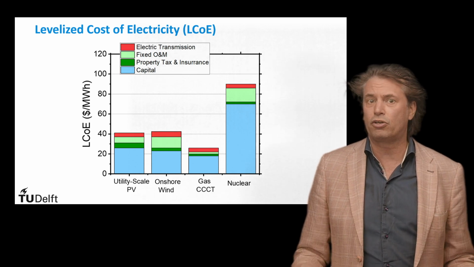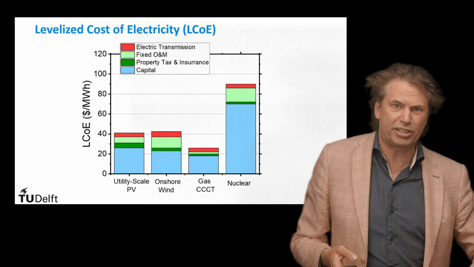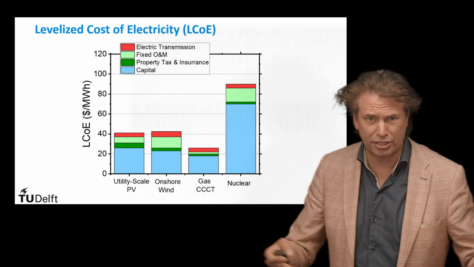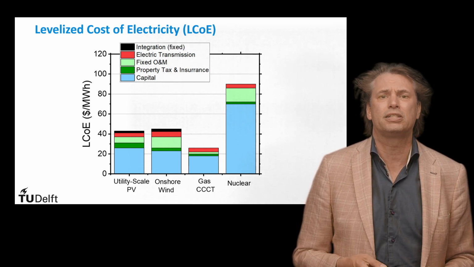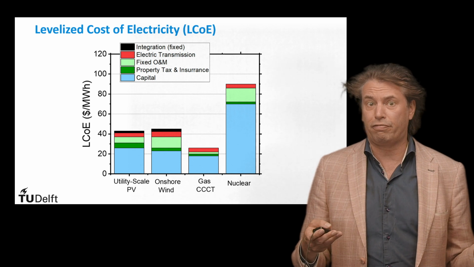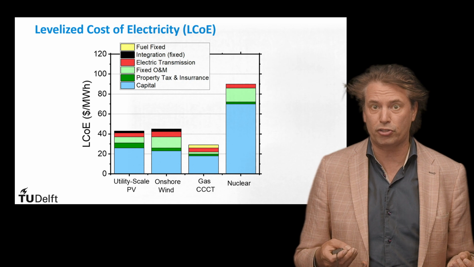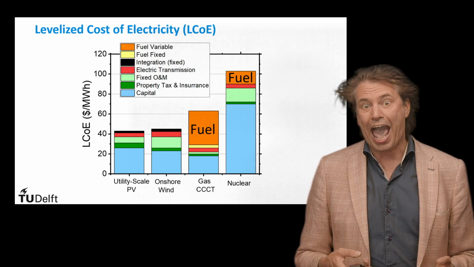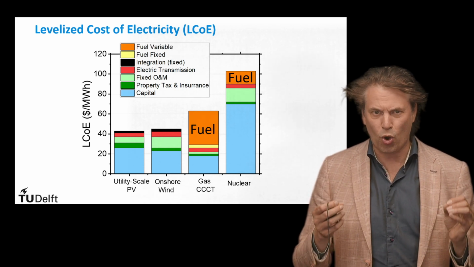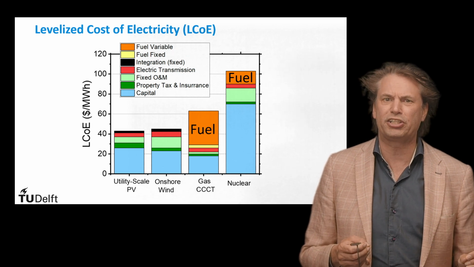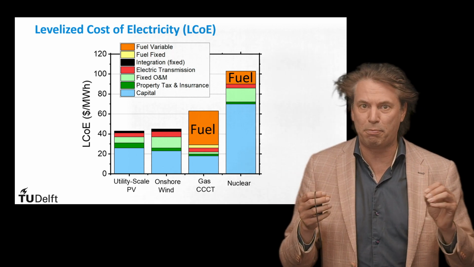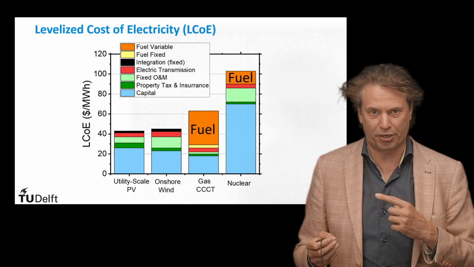The transmission costs are shown here in the red, which translates to the cost incurred to access the transmission lines. Additional costs are the fixed integration costs, here shown in black, the fixed fuel costs, here shown in yellow, and the variable operational and maintenance costs, which is here referred to as the variable fuel cost, shown in orange.